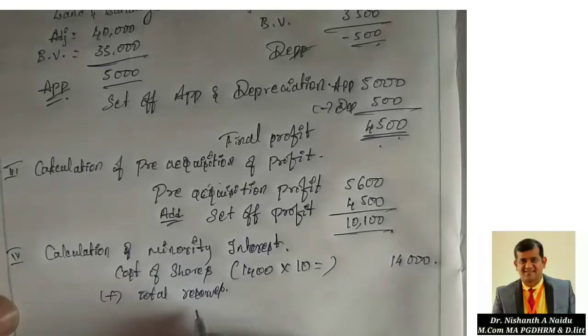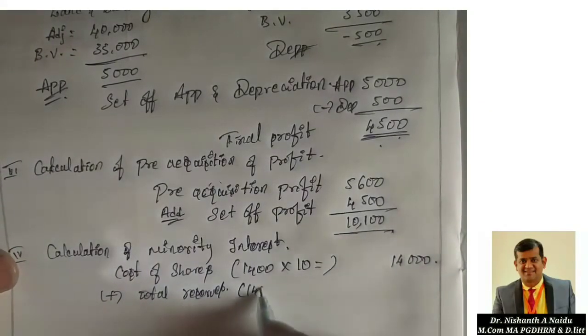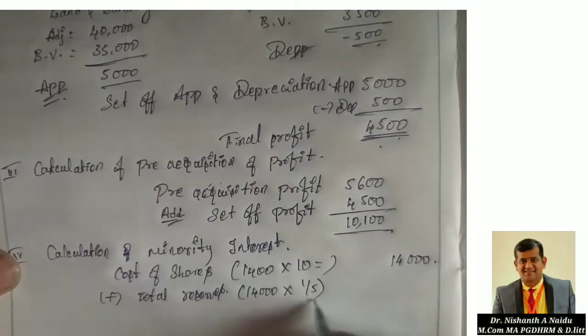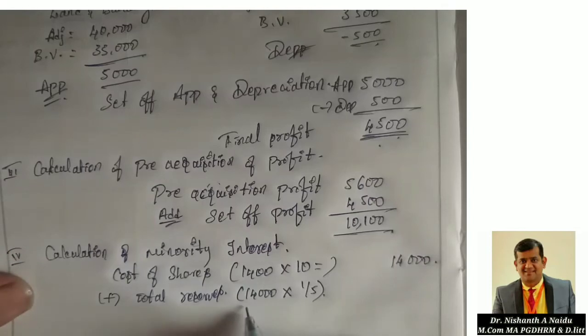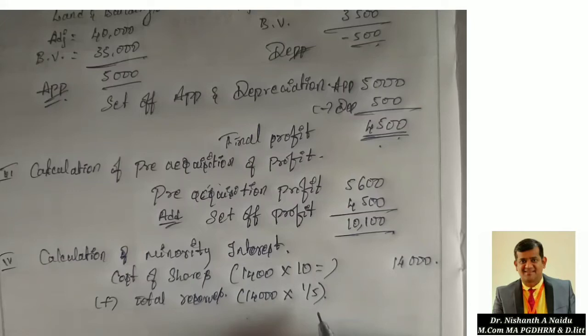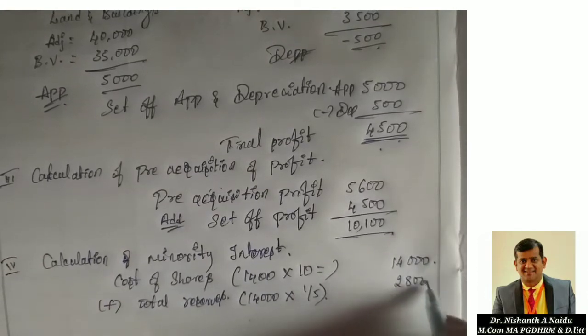So how much reserves in the Q Company Limited? Go to the balance sheet and check out. It is 14,000 into what is the ratio? 1 by 5. For minority 1 by 5. So 14,000 into 1 by 5 if you do, you're going to get 2,800.